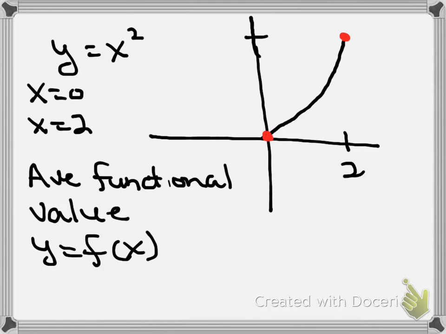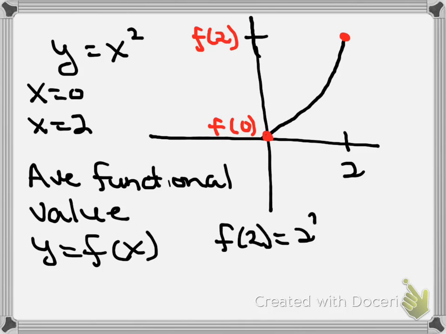So over here, this is f of 2. And of course down here is f of 0, which is 0. So we know that, for example, f of 2 is equal to 2 squared, or 4, and f of 0 is equal to 0.